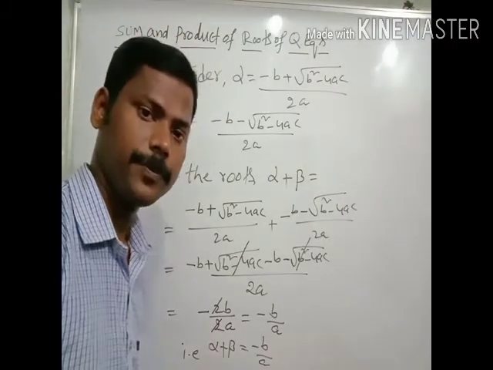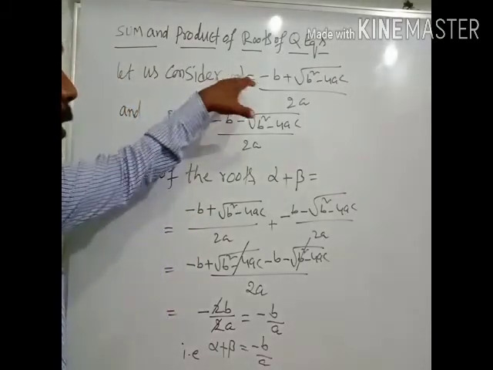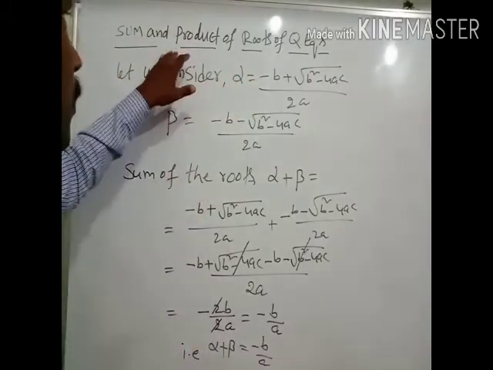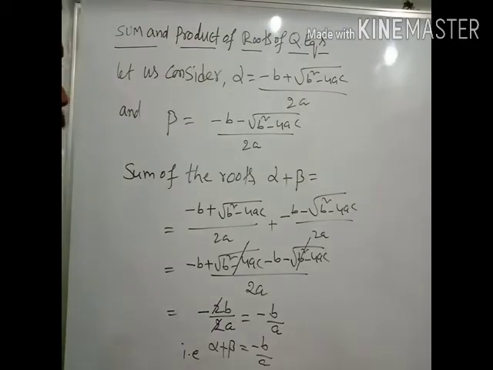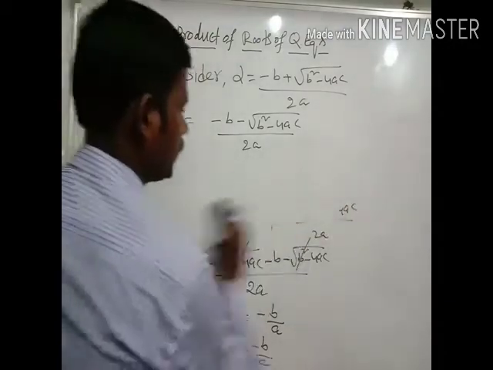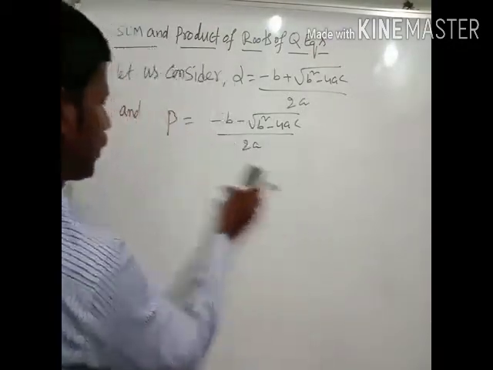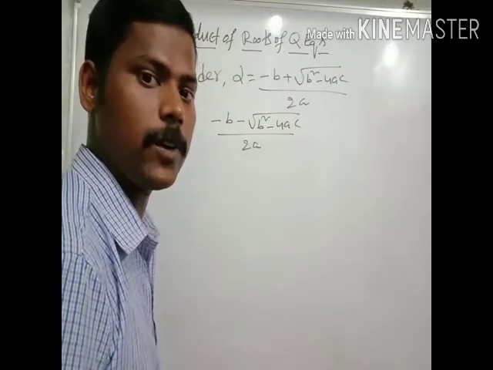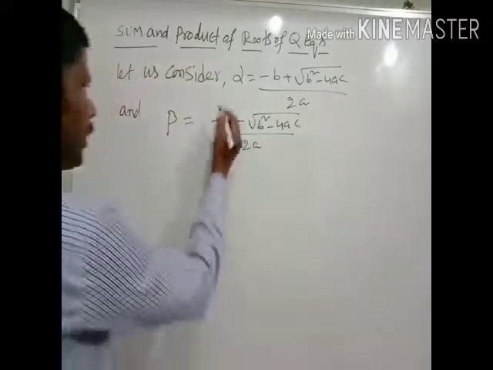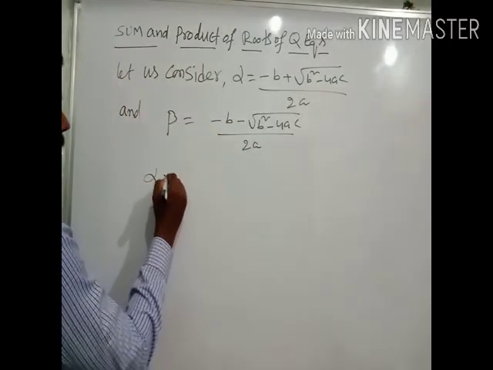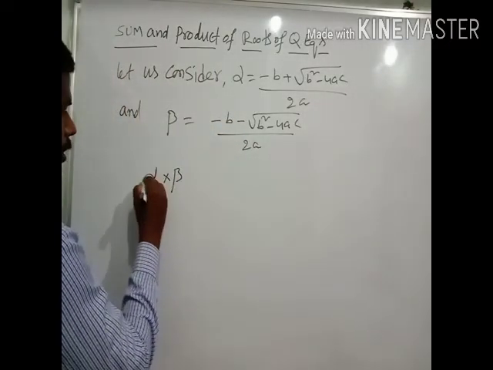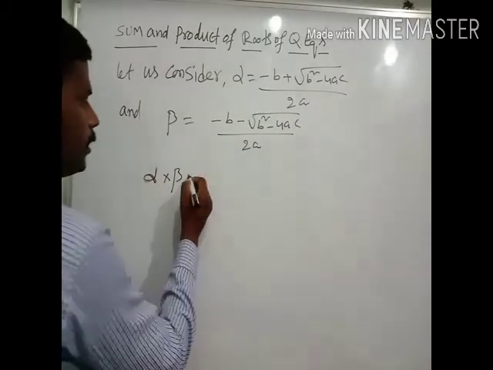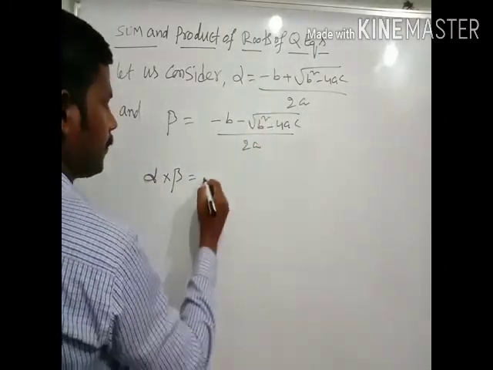Understand children? Okay. By using the same alpha beta values, we will find the product of the roots. See children, all of you look at the board and understand. Please note it down in your running notebook. Now product, alpha into beta. Product means we know into. So alpha means what children?